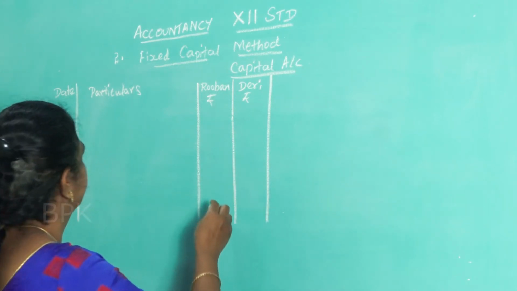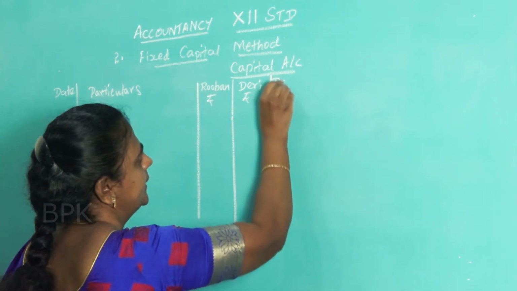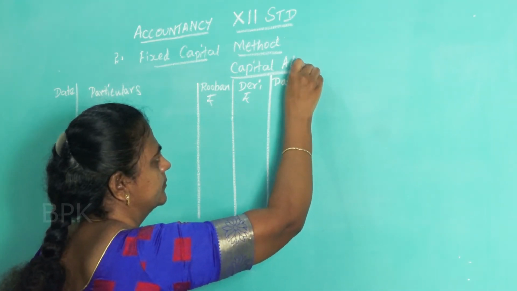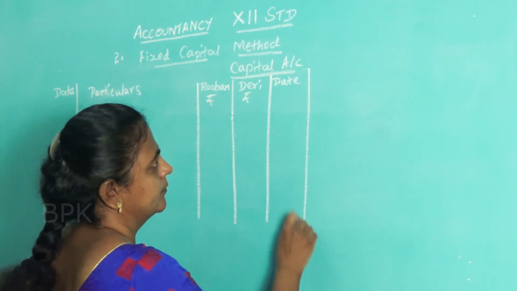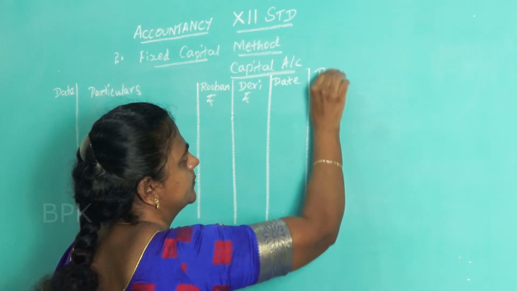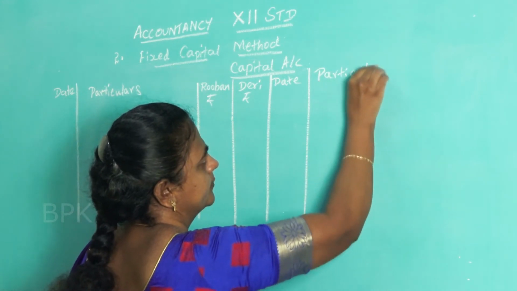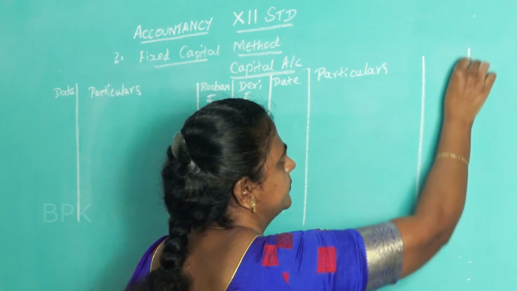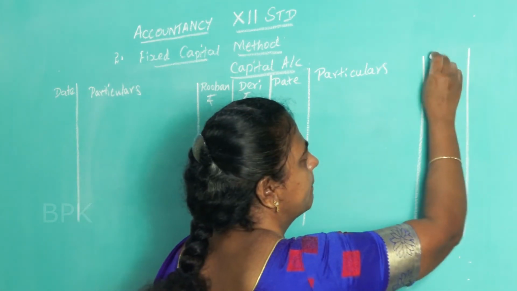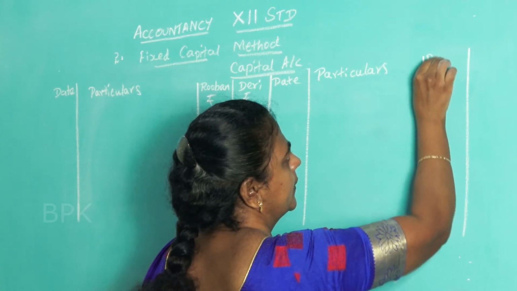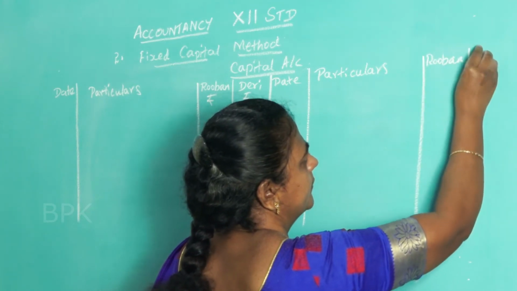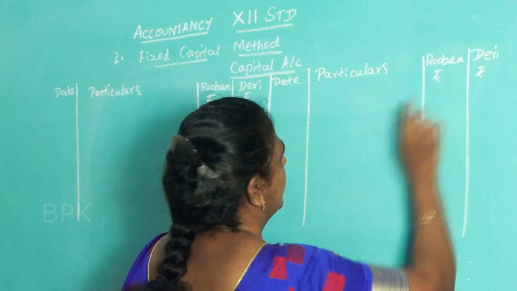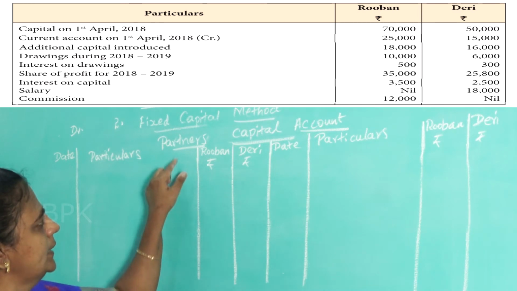Okay. So here also put date, particulars, Reuben, Derry, rupees. Okay children, you have to prepare partners capital account.